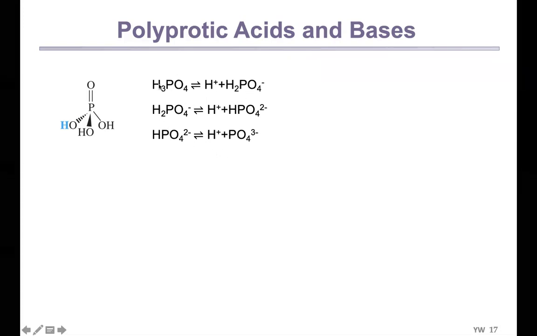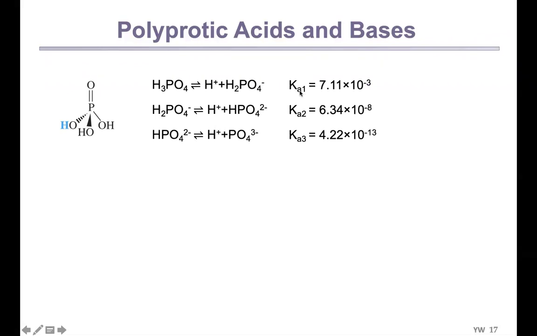From the 3 protons, losing 1, you have the 2 protons left. And the second step and the third step. And you can write Ka for every step. The first step is Ka1, then Ka2, and Ka3, okay? So you can see that relatively Ka1, the first step, will have a higher equilibrium constant compared to the last step. It means that the last step is really hard to occur. The dissociation at the last step is very weak.